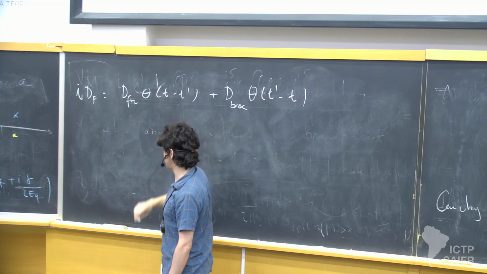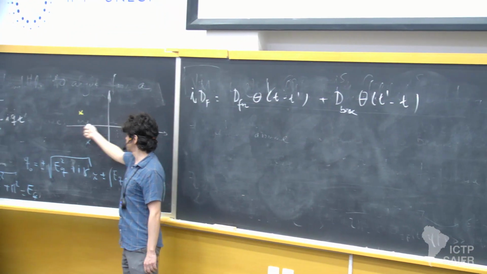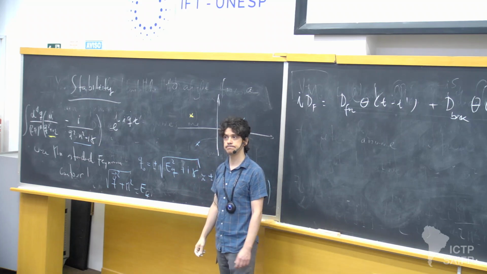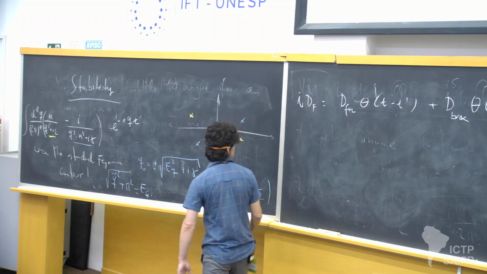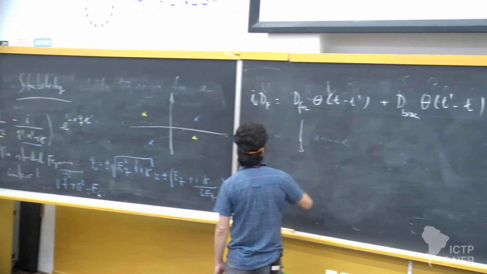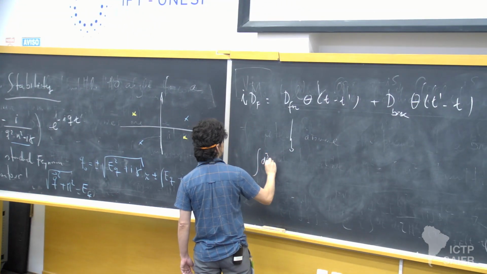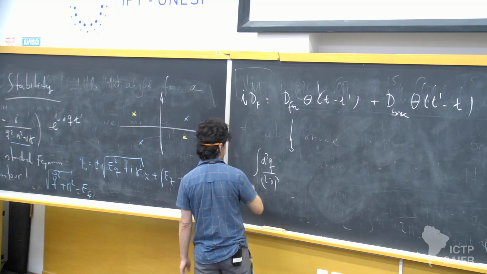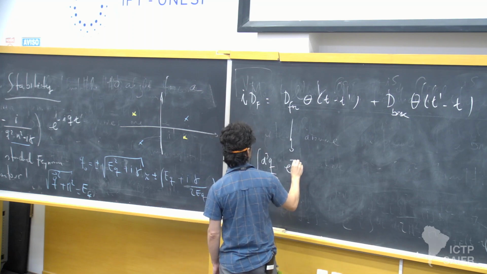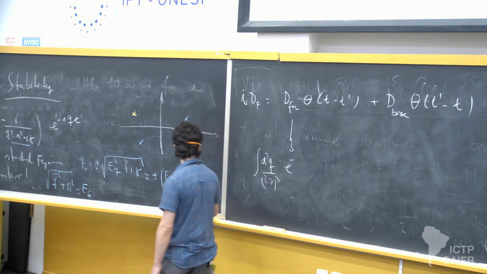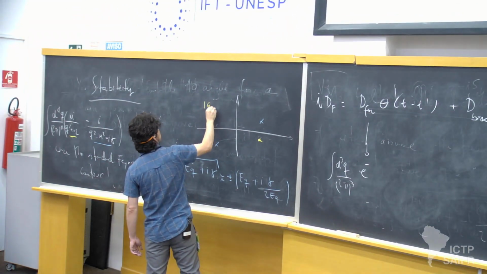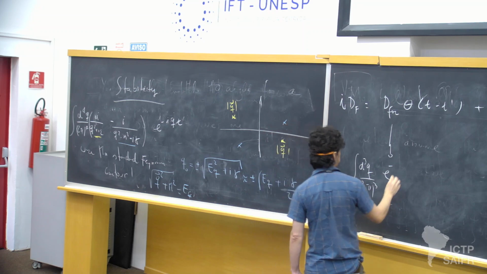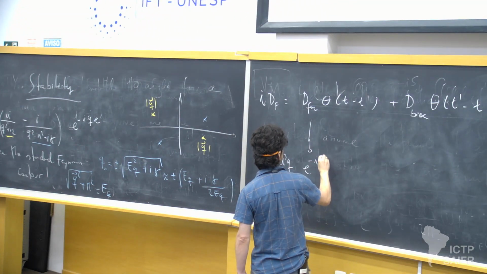So for this guy, you close the contour downstairs, and you pick up these two poles. So once you do the calculation, this guy is going to produce something like this. I'm not caring about the i factors in here, but anyway, these two poles in here are just E_Q and E_Q. So you're just going to produce something like this.